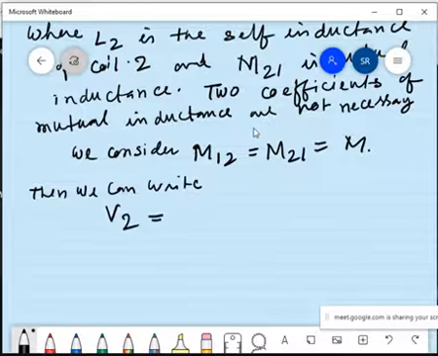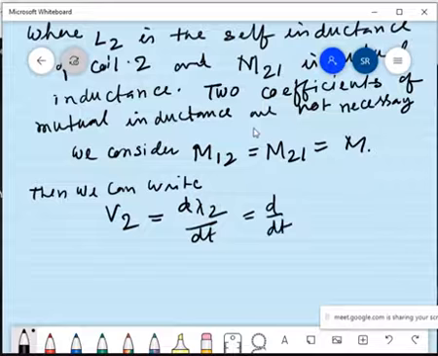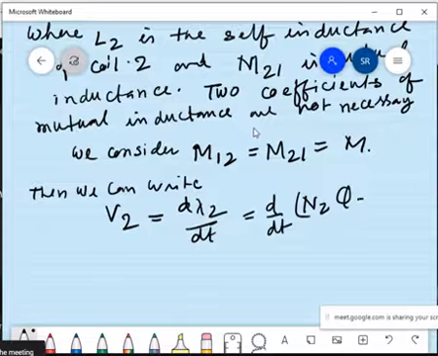V2 is equal to the voltage of coil 2, right? V2 is equal to d lambda 2 dt, the rate of change of flux linkage, as this is equal to d/dt of N2 phi L2.